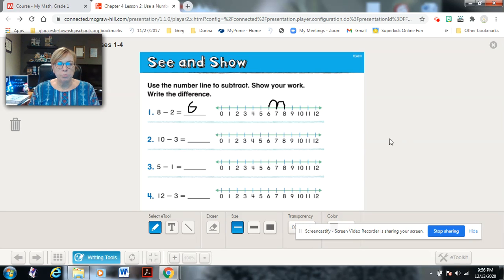If it helps you, circle the number to remember where to start counting from. Don't start counting until you're moving your pencil. Take your time so that your pencil doesn't slide too quickly ahead of you. So pause now, solve it, and when you come back, I'll show you the solution.